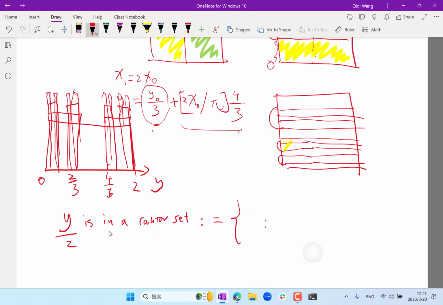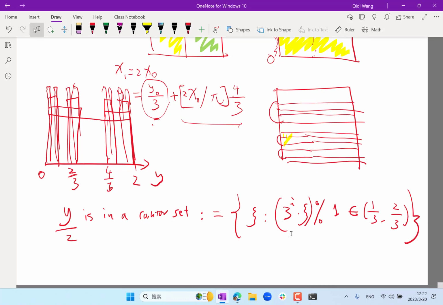It is in the set of C such that 3 to the power of i times C mod 1 is not going to be in the middle. It's not going to be in 1/3 and 2/3.